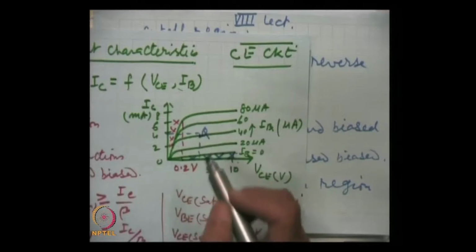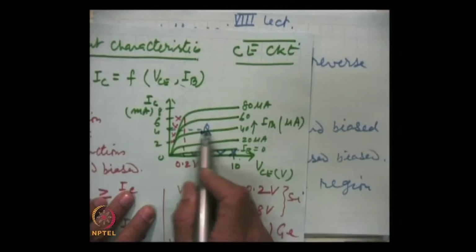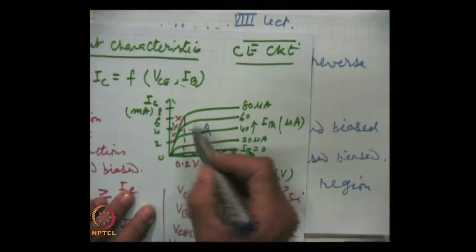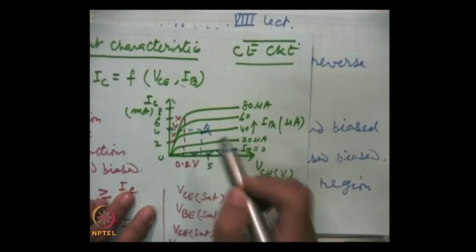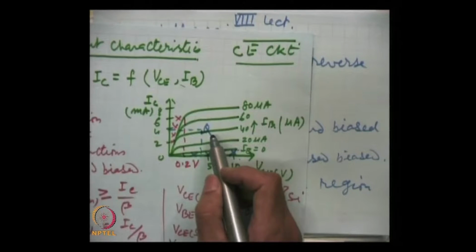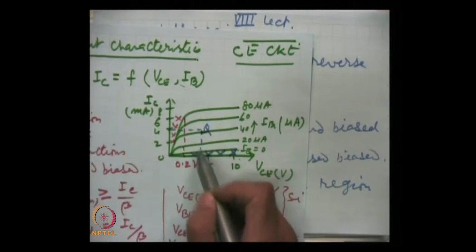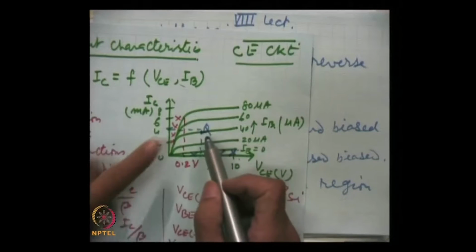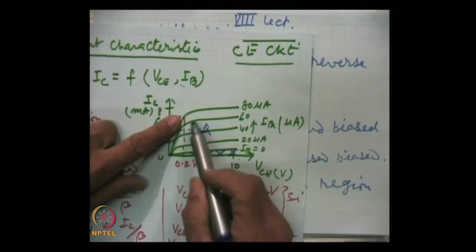Now, when we apply the AC signal, this input current will vary and correspondingly the output current will vary. Now, in no part of the cycle, when the AC is superimposed over this DC operating point, should the signal go beyond the active region on either side.